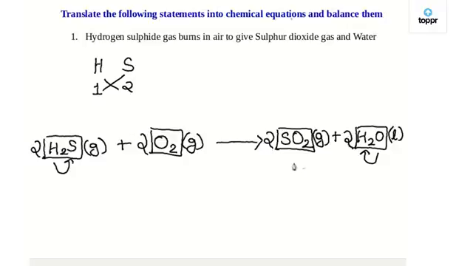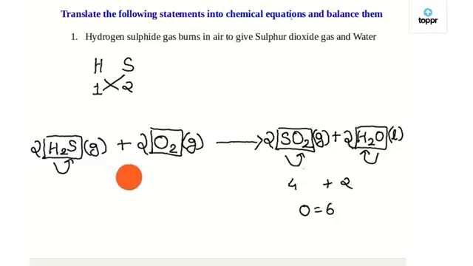But while doing so, I have again disturbed oxygen. Oxygen here has become 4, 2 into 2. So it has become 4 oxygens here. But here, because we had multiplied 2, it has become 2 oxygen there, and total oxygen here we have is 6. So can we make this oxygen 6?